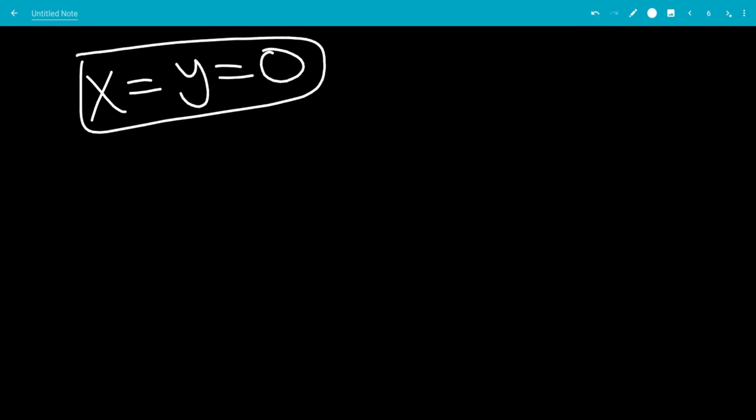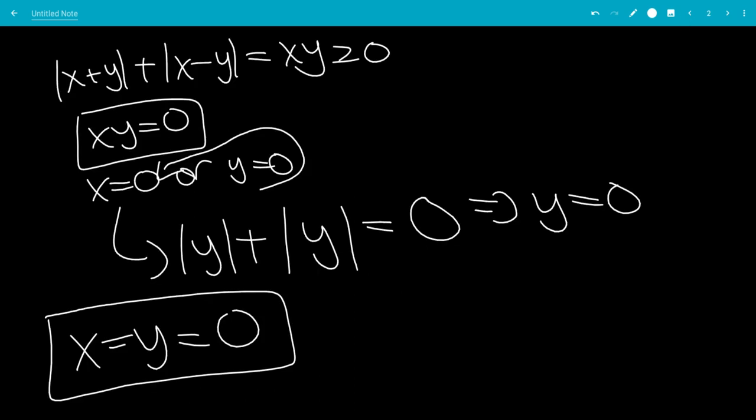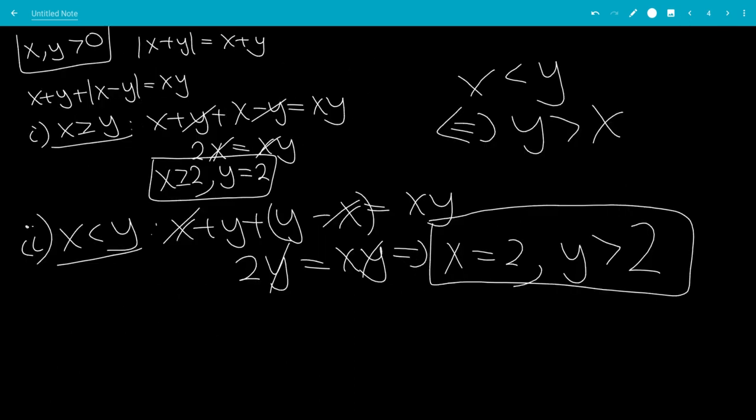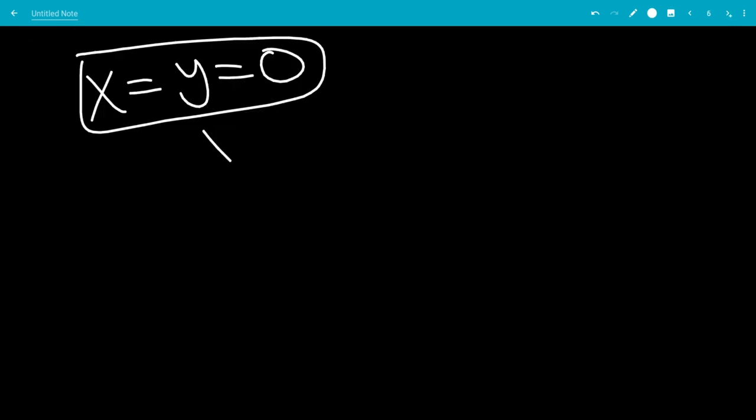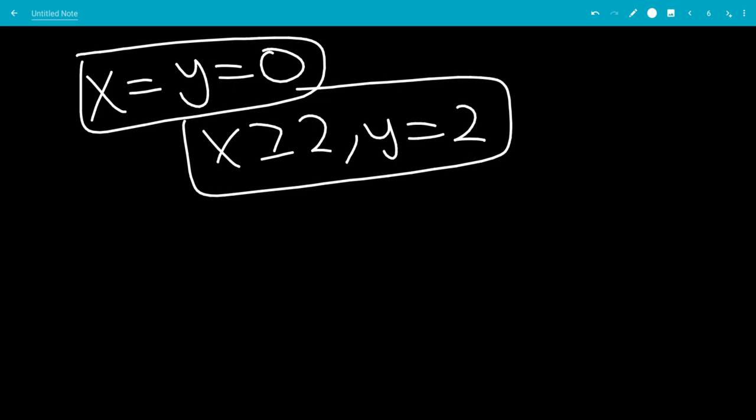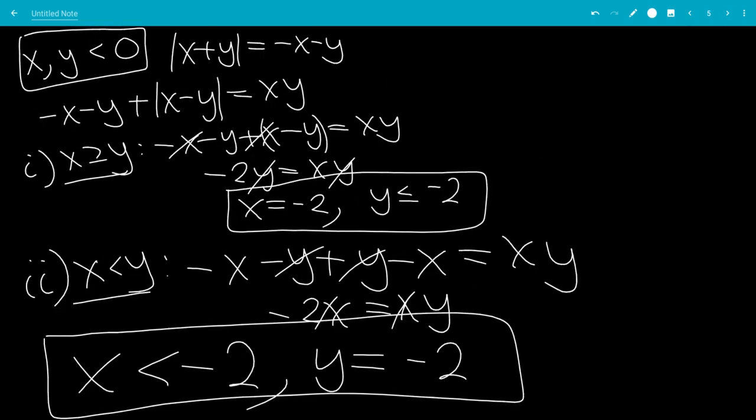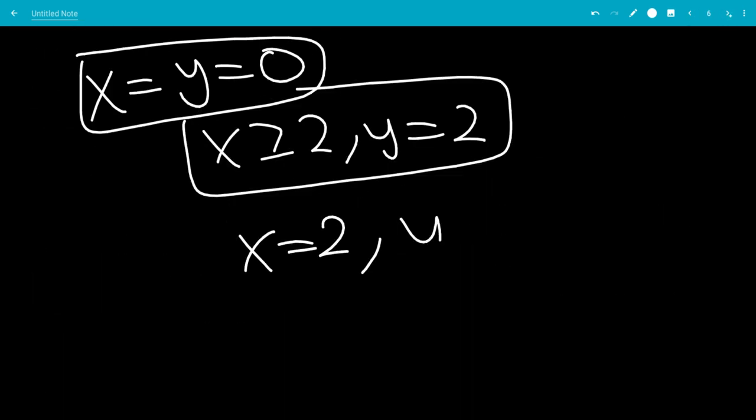So we started with x equals y equals 0. We also have x bigger than or equal to 2 and y equals 2. That's our next solution. We have x equals 2 and y bigger than 2.